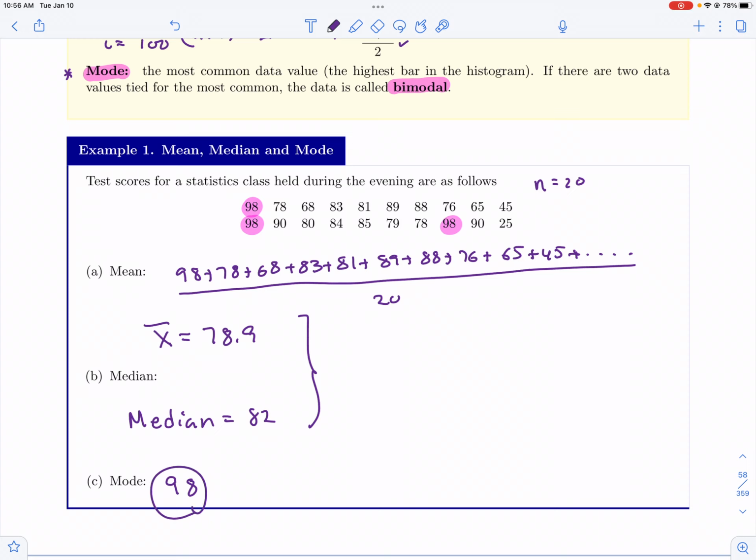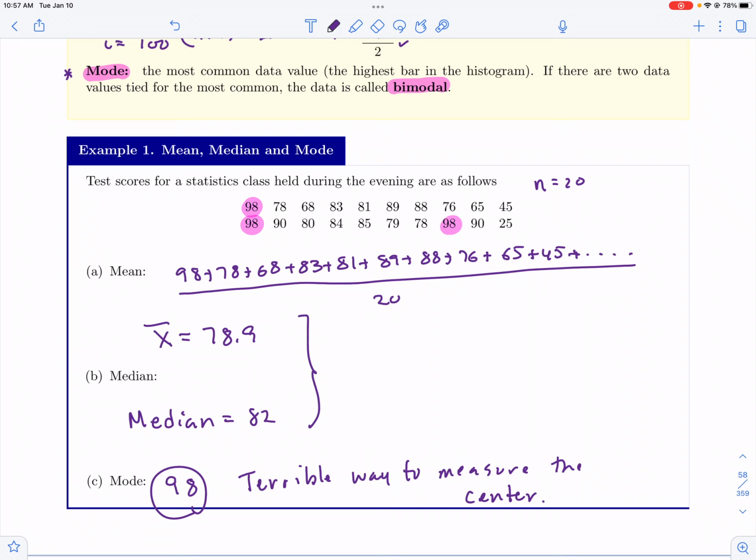I mean, 98 is definitely not the middle of this set of data, so this is just a terrible way to measure the center with this set of data. Sometimes the mode does do a good job, but this is a good example that shows where the mode can get totally off track and have really nothing to do with the center at all.